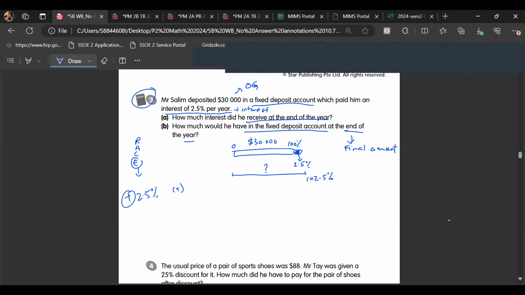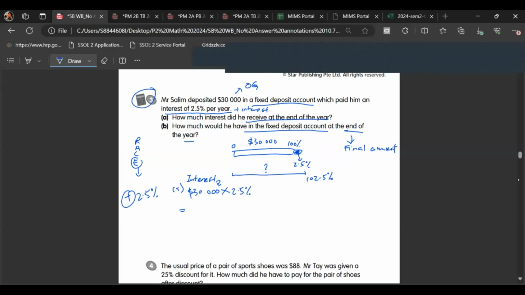So part A, you are finding the interest. The interest is the original amount, $30,000, multiplied by the 2.5%.